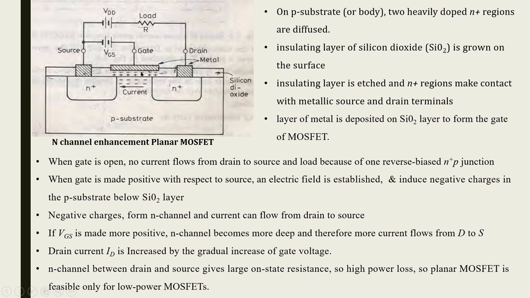And what will be happening if a positive voltage is given to the gate with respect to source? What will be happening here? When the gate is made positive with respect to source, an electric field is established and induces negative charges in the P substrate below the SiO2 layer.